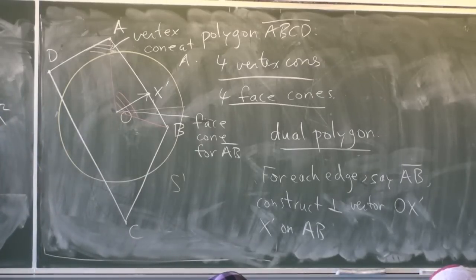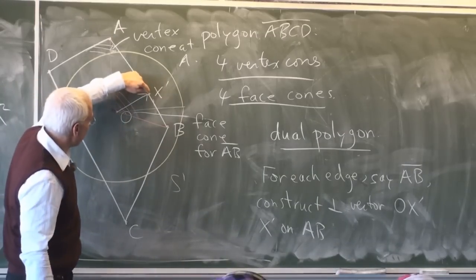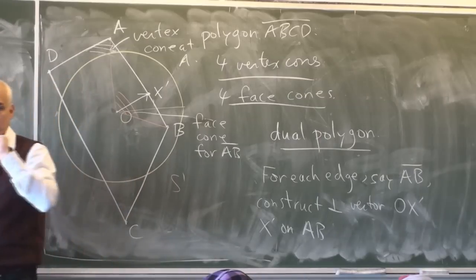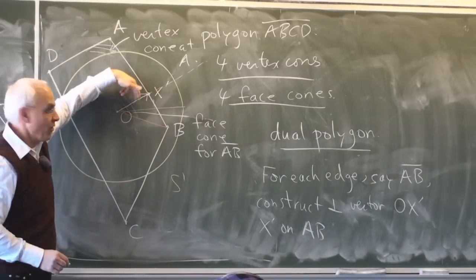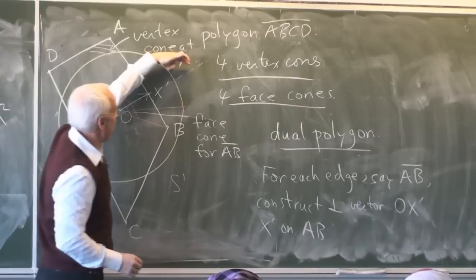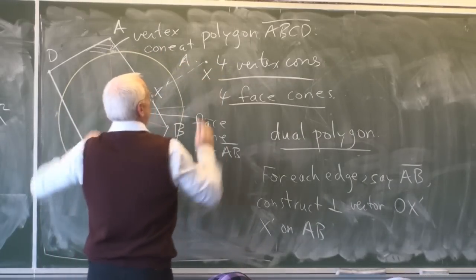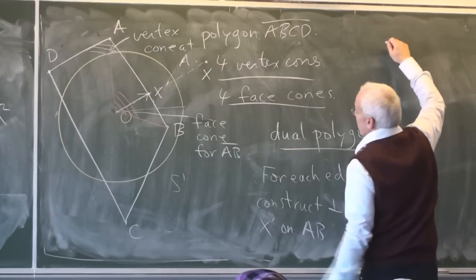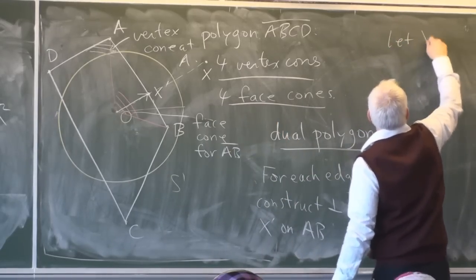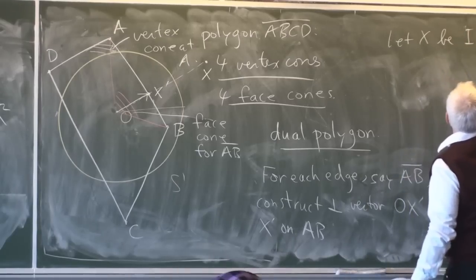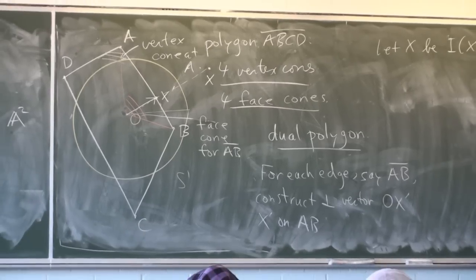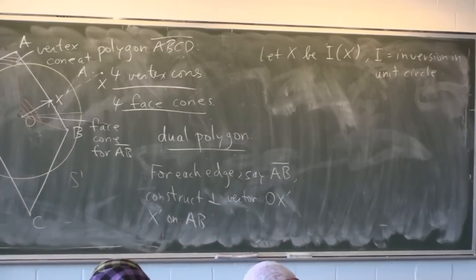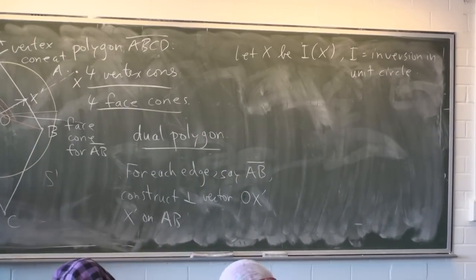And now I'm not going to use that X prime. I'm going to use a different point. I'm going to invert that point in the circle. You remember when we talked about inversion, I talked about this process of inverting in a circle. So there's some other point, in this case X, we'll call it X out here, which is the inverse of X prime with respect to the unit circle. So now we let X be I of X prime, where I is inversion in the unit circle. All right, and we can do that for each of the edges.